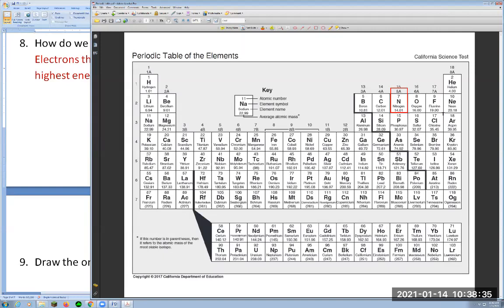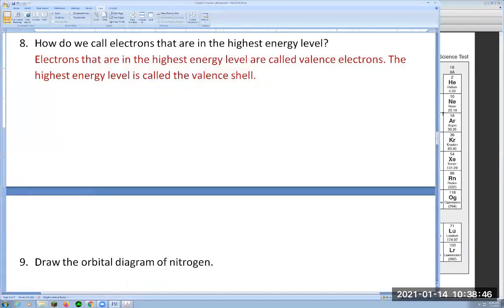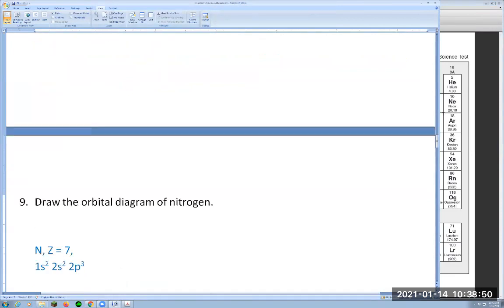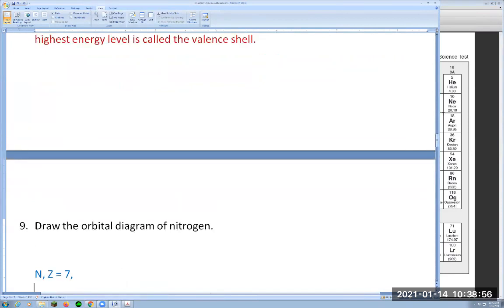So atomic number 7 means it has 7 protons in its nucleus and 7 electrons when it's the neutral nitrogen atom. So we can write this like this, N with a Z of 7, right? The atomic number is represented by the capital letter Z. So we have 7 electrons.